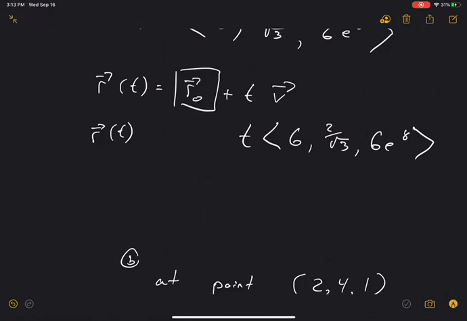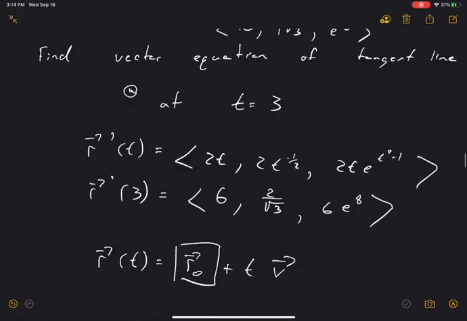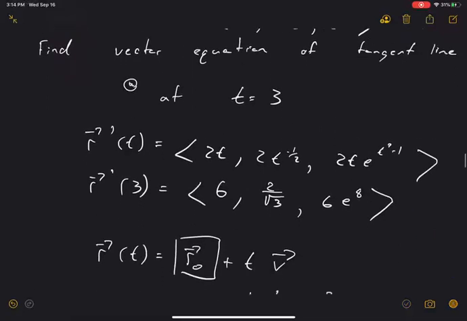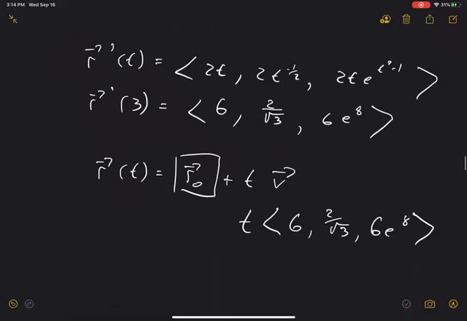Again, running out of room. And it might be confusing here because I've used r when I should not. So our original function was r. Our derivative is r prime.